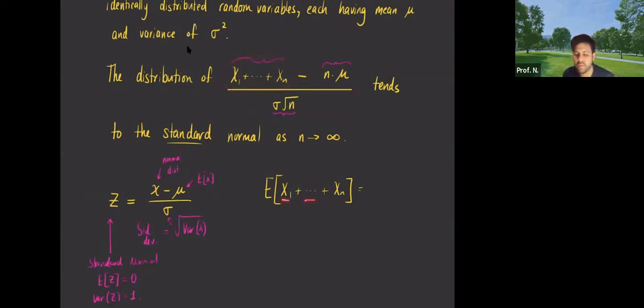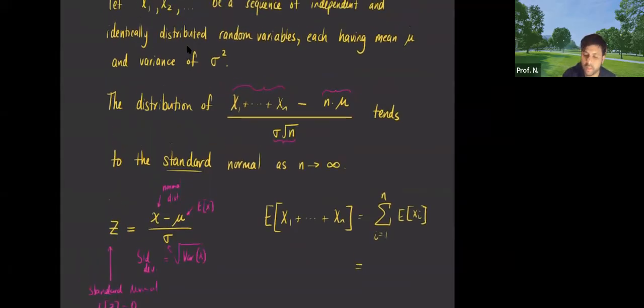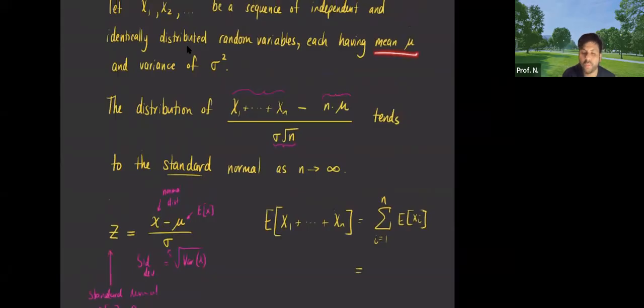What's the expected value? Well, isn't it just the summation of the expected values of each of those random variables? But what's the expected value of one of them? The expected value, or the mean, of each of these random variables is what?